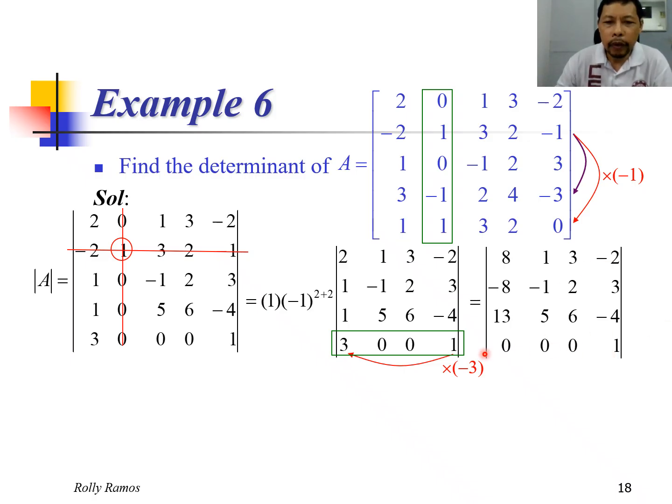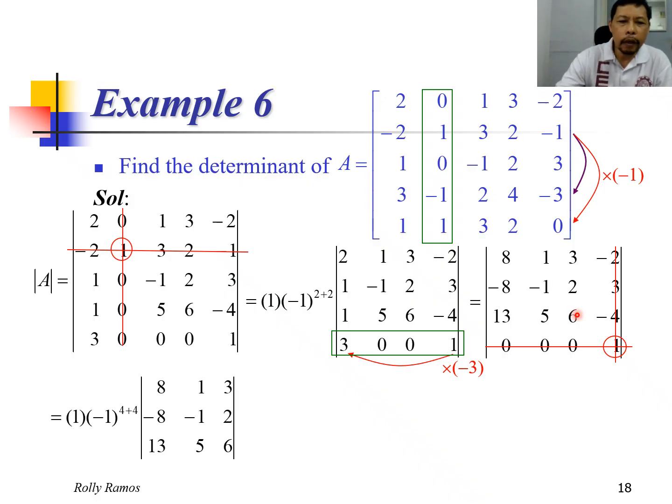So we now have row 4, which consists mainly of zero elements. Okay, so there's only one non-zero element. We could make use of this element to find the determinant of this 4 by 4 matrix. Then that will give us this one. So we now have a 3 by 3. We have the option to use the shortcut or the cofactor expansion method.